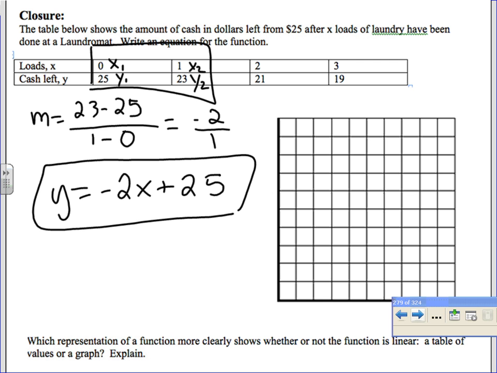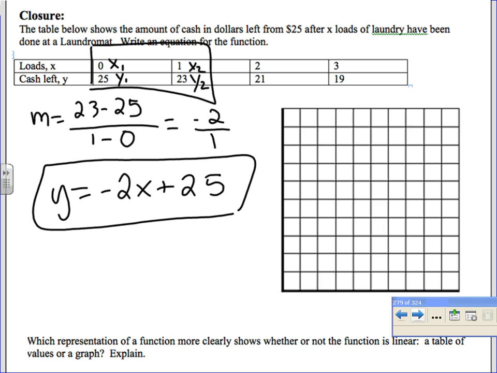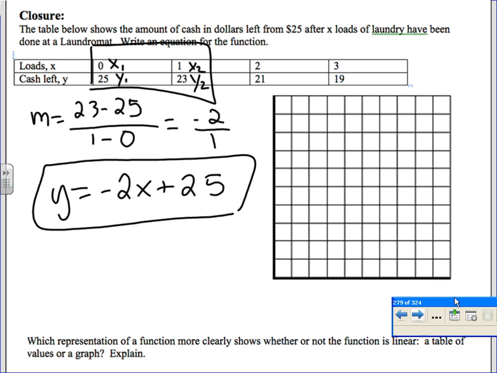So let me pause for a second. Questions on how to get that from a table? We've done it before, just it's been a while. Okay? So we need to graph this. What would be a good scale for the y? Josh? Good. By 5s, I agree with you.